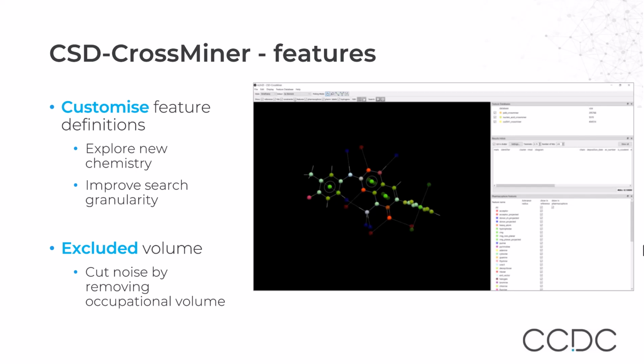You can also use a feature which is called excluded volume. That can be useful if you are, for example, confident that some space has to be empty of any atom, of any chemical group. Then you just use excluded volume and show correspondingly that nothing must be here.